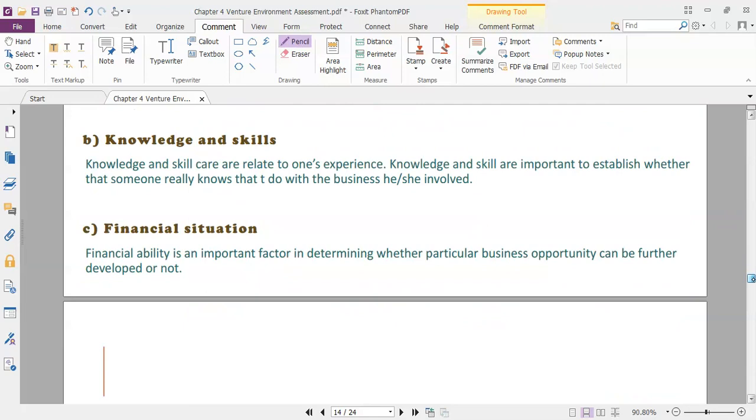And then financial situation. Of course, this is one of the most important things to be an entrepreneur. Financial ability is an important factor in determining whether a particular business opportunity can be further developed or not.